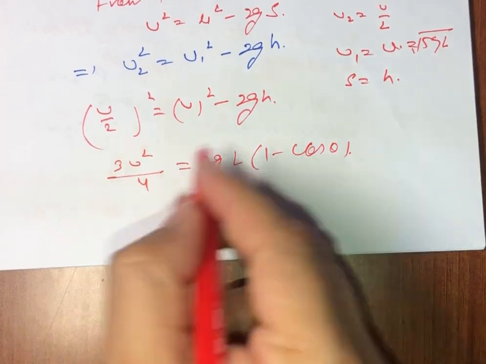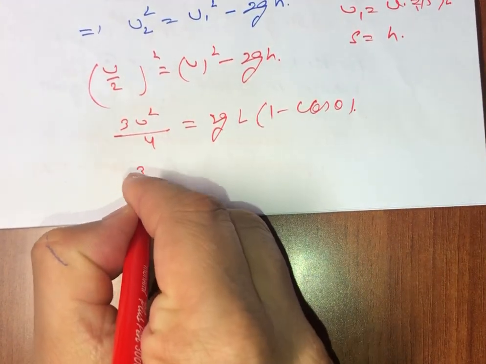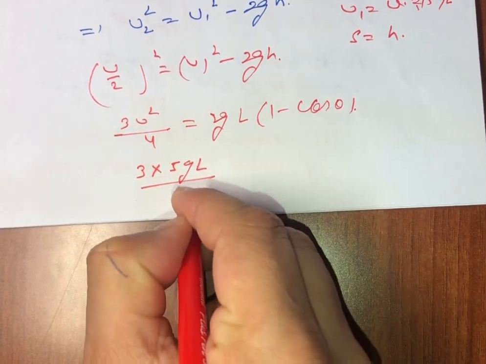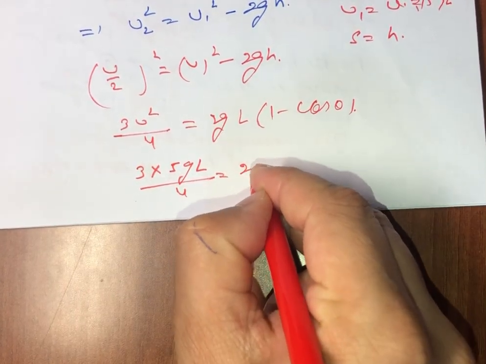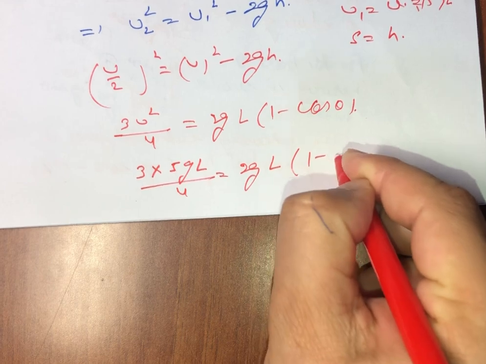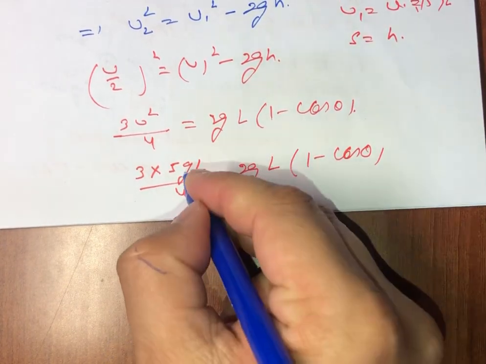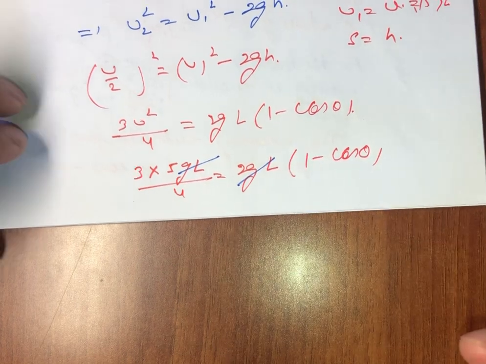We substitute the value, and we get 3 times 5gL divided by 4 is equal to 2gL times (1 minus cos theta). gL and gL cancel out.